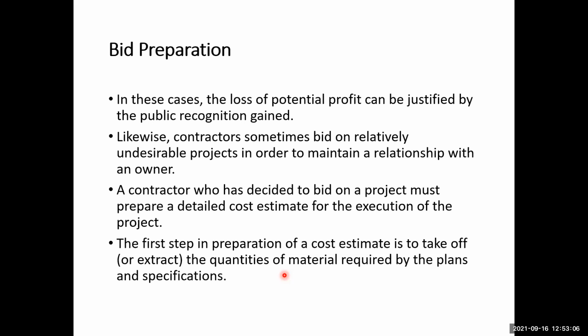So those contractors will read those plans and specifications. Using those plans and the specifications, the contractors will extract the quantities of the work needed. So this is called as the taking of the quantities of the materials, okay, from the project.